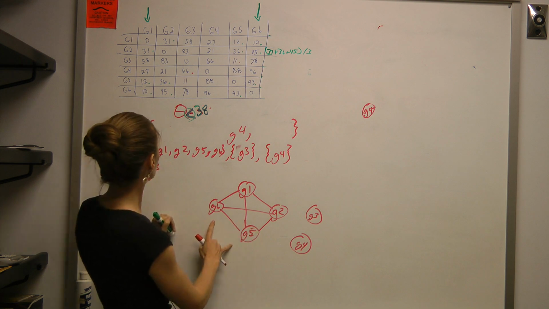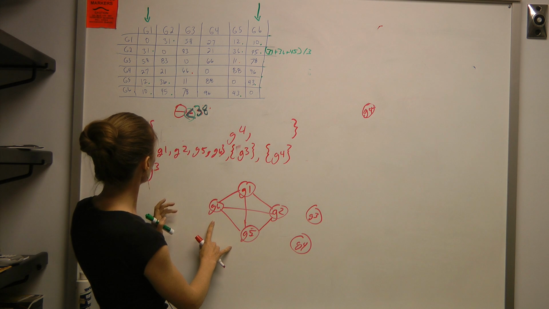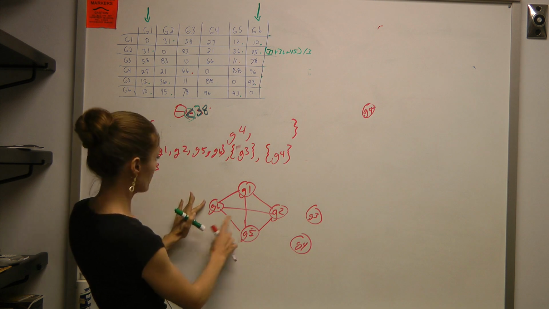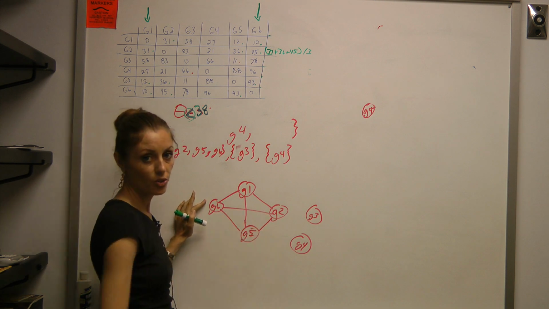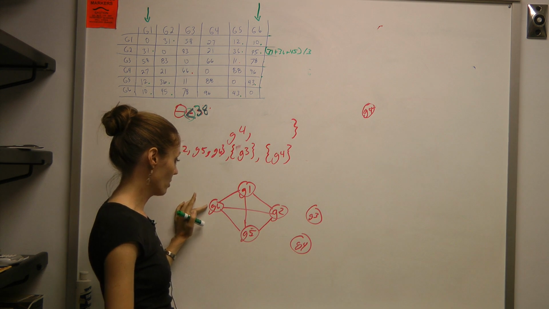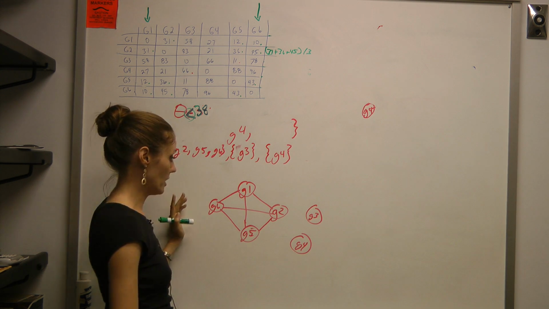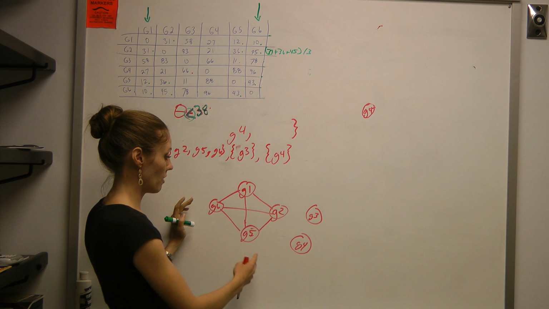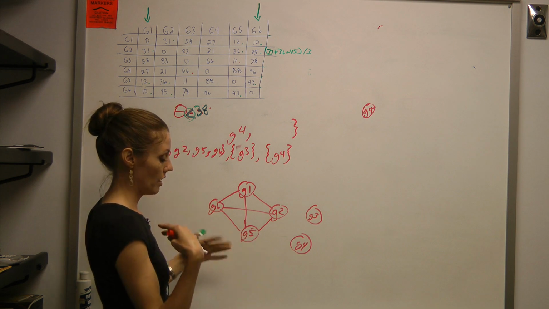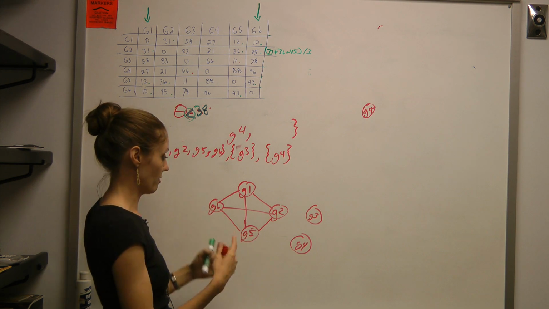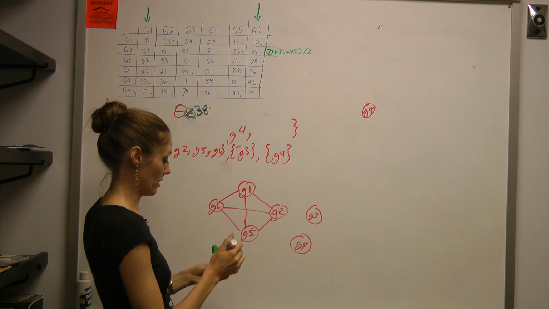And you may say in here, well, G6 and G2 have a threshold greater than 46, so why is there a connection there? Well, for the click graph, we add and remove edges to make it a click graph, so to make the cluster.